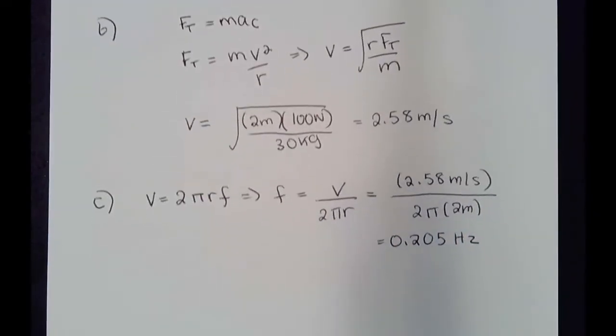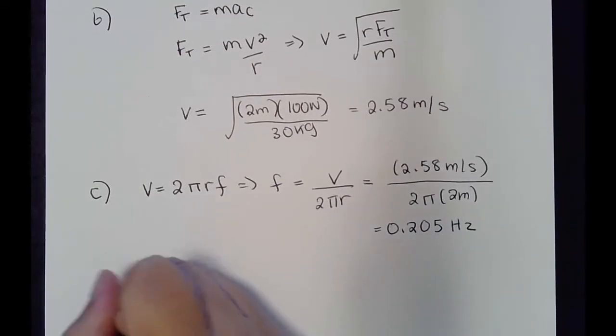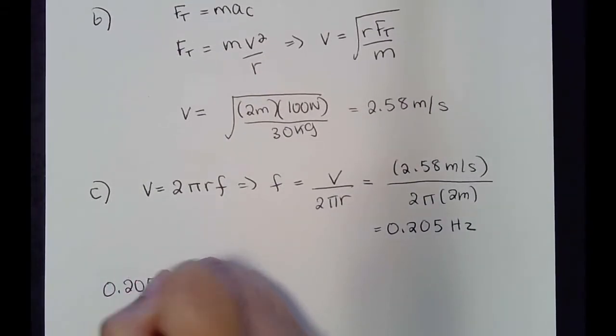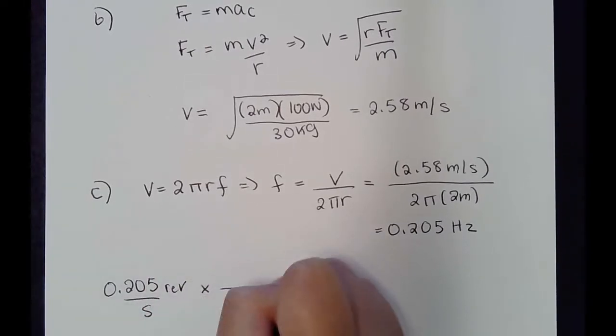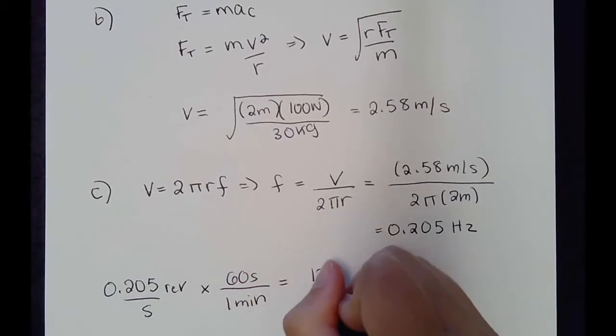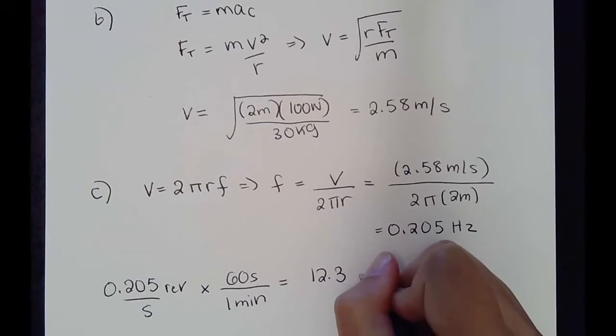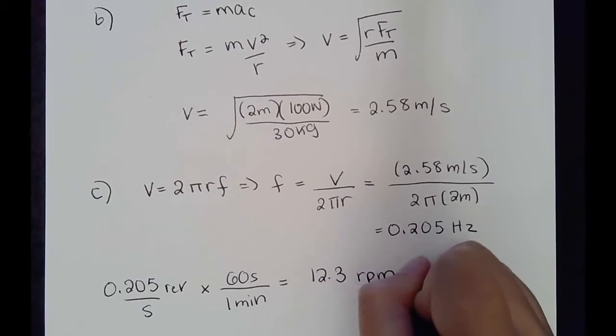We need to just do a conversion to get this to RPM. So 0.205 revolutions, essentially, per second, times, we have 60 seconds in 1 minute. So multiplying by 60 is 12.3 revolutions per minute, or RPM.